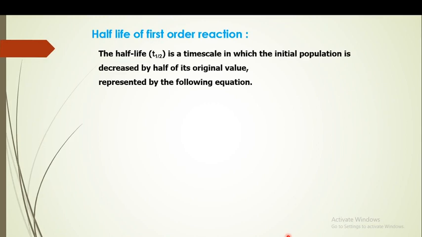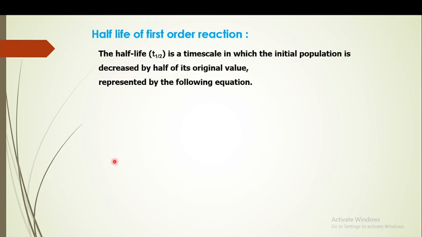Half-life of a first order reaction. How can we define the half-life of any reaction? Half-life is the time scale in which the initial reactant concentration decreases to half of its original value.